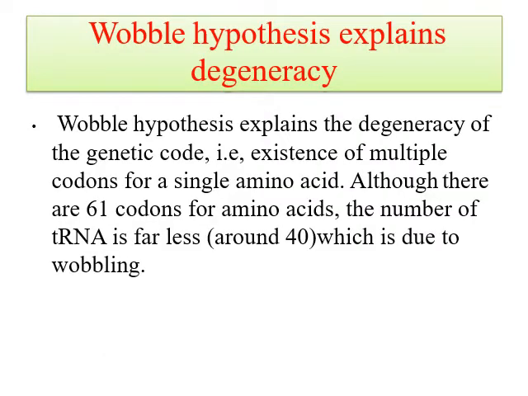So this is the explanation of degeneracy of genetic code. For example, although there are 61 codons for amino acids, the number of transfer RNA is less, around 40, which is due to wobbling. Wobble means unsteady movement from site to site.